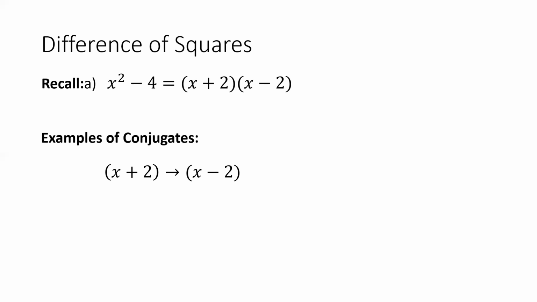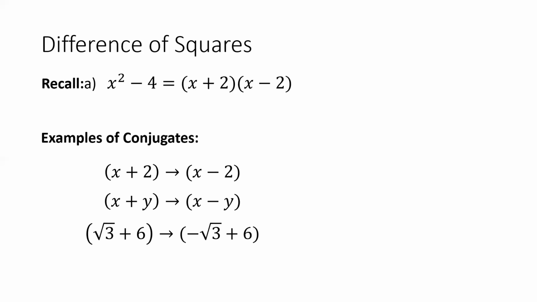Now, the reason why I bring that up here is because it provides an example of a conjugate. A conjugate is if I have two terms, then I take whatever is in between those terms and flip the sign. So the conjugate of x plus 2 is x minus 2. The conjugate of x plus y is x minus y. With roots, we typically try to tie the conjugate to the actual roots.